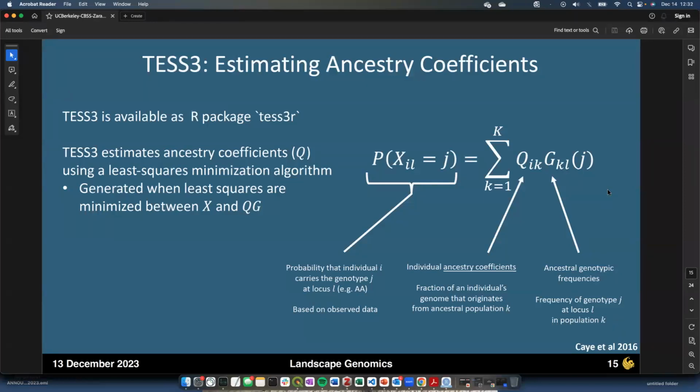That's done using a matrix factorization, which is a little bit beyond my knowledge of math. But because of that, it's not model-based or simulation-based like an MCMC chain like you would see in structure.